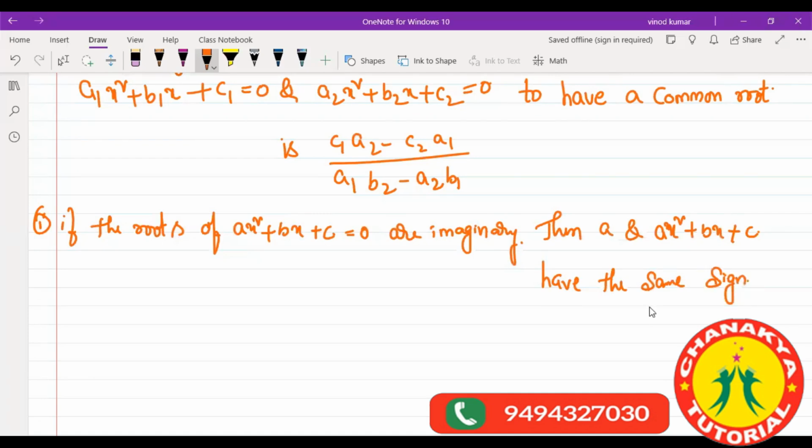Have the same sign means if a is negative, then ax square plus bx plus c is also negative. If a is positive, ax square plus bx plus c is also positive. And also when these two have the same sign, not only imaginary, sometimes we will get real and equal roots also. That time alpha value is compulsorily minus b by 2a.